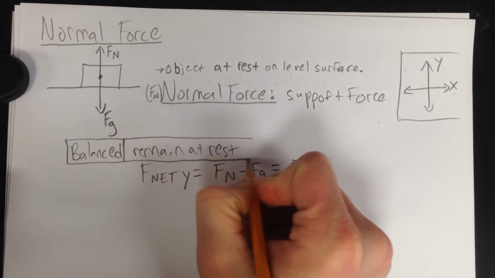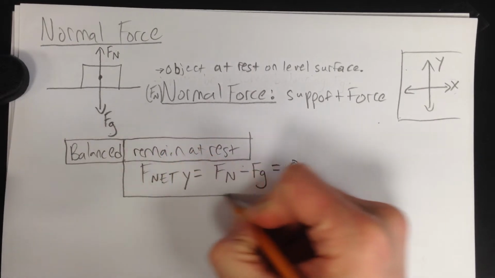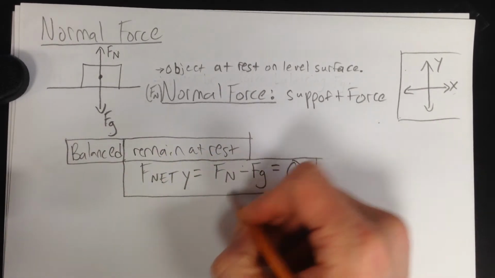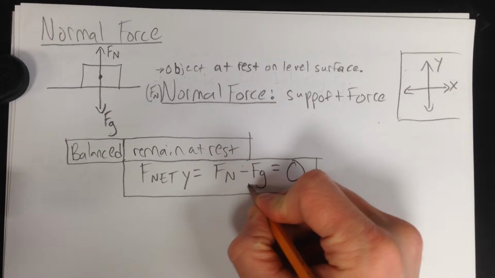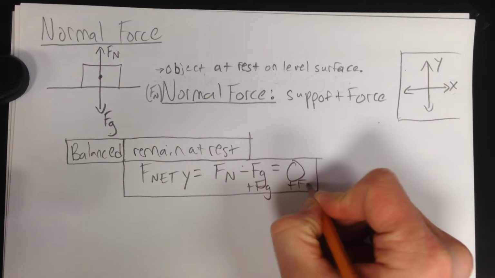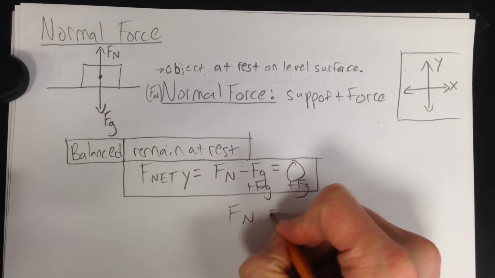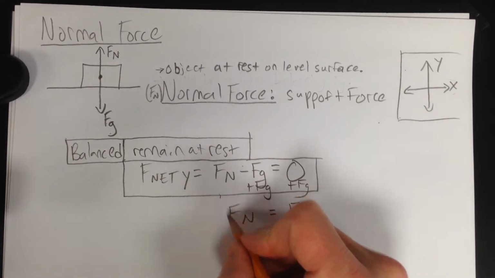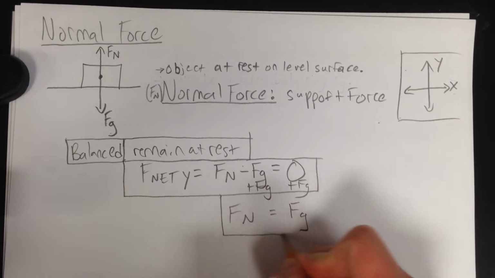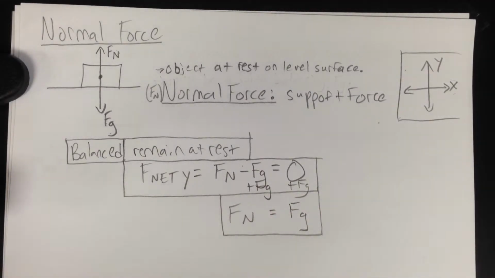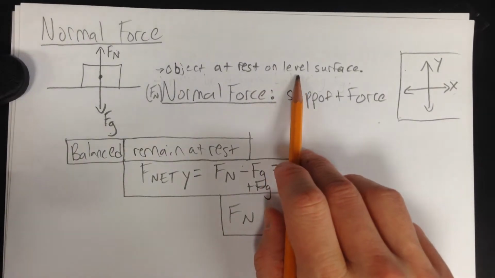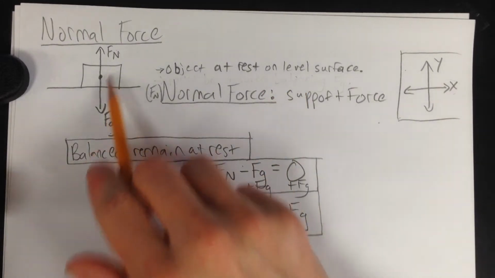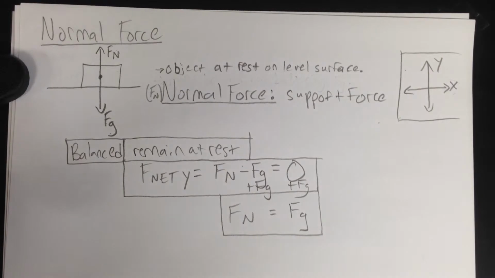So for the normal force, you could even bring it down. What if you added Fg to both sides here? We know normal force is basically going to be equal to gravity, because they're balanced. That's what balance means. They're equal, they're the same. Now, this is true for an object at rest on a level surface. It remains at rest. Normal force and gravity are balanced. But it's not really true in every situation.